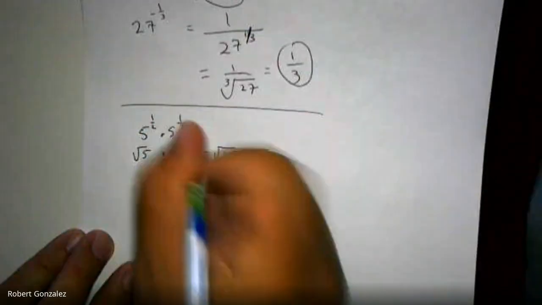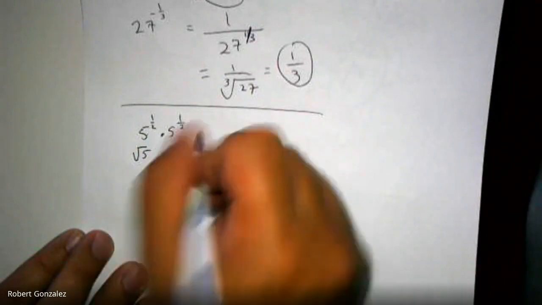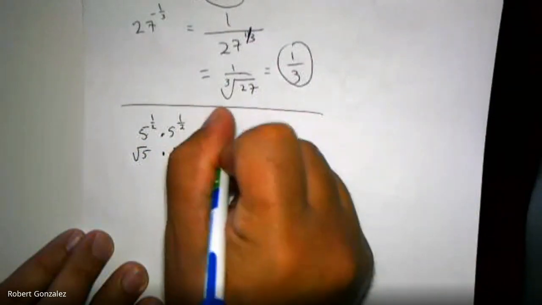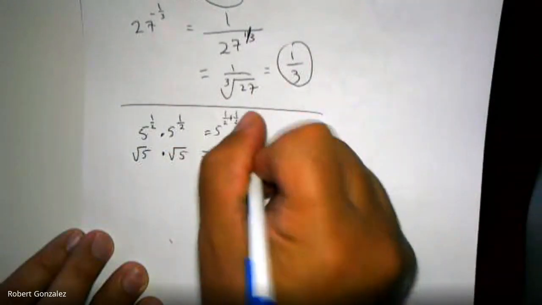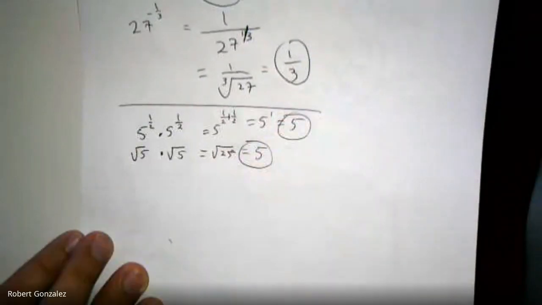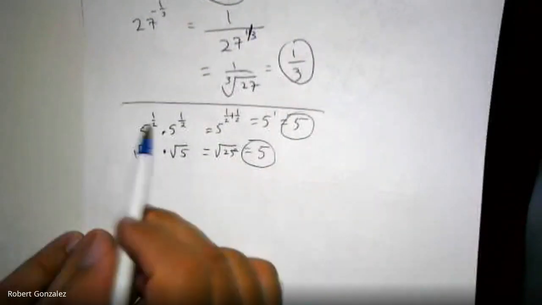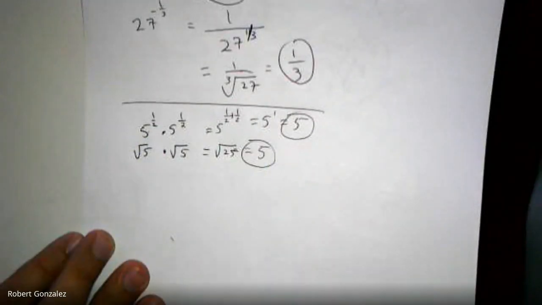Let's see. So the product rule from exponents, which we learned yesterday, says add the exponents, right? And that equals 5 to the first, which is 5. You can see it works identically. Here's with rational exponents, here's with roots. We get 5 both ways using the different properties and rules.